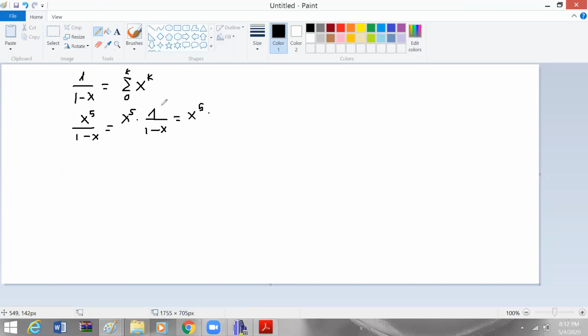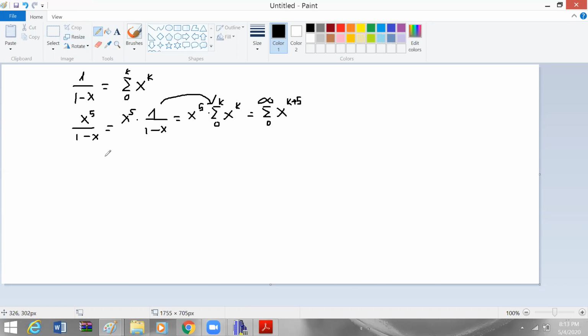So this guy will be the summation of x to the k from 0 to infinity. And then I can combine them, which is x to the 5 times x to the k, so x to the k plus 5, as a summation from 0 to infinity.